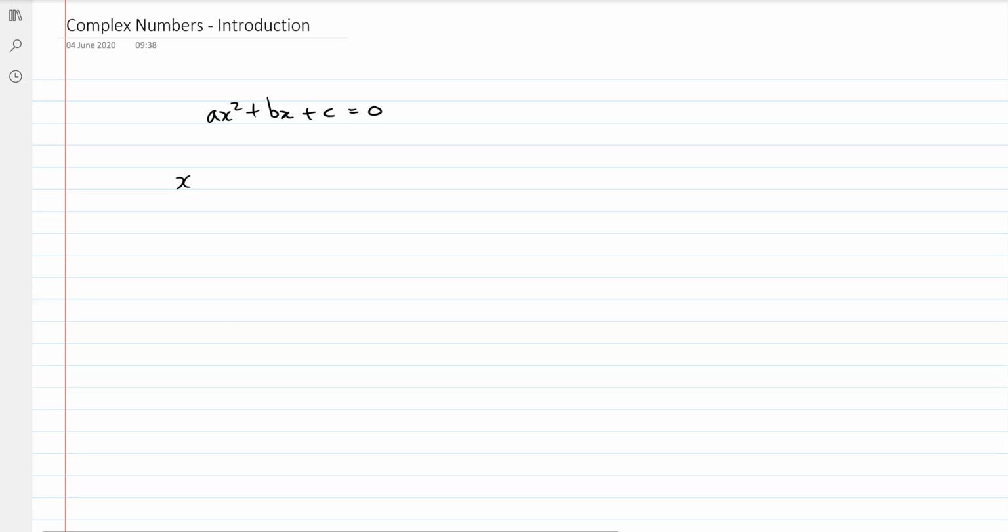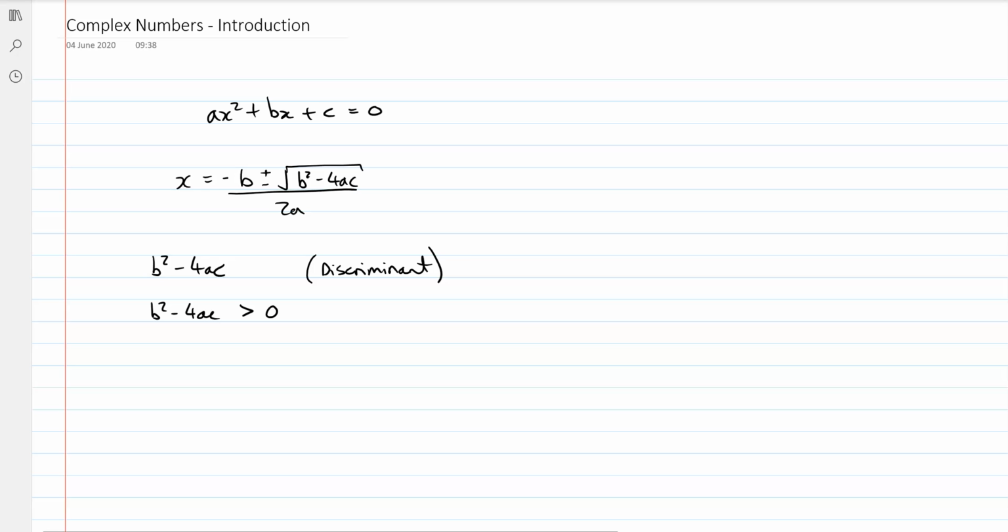And we know we can use the quadratic formula to solve these, and you'll be talking about this in your normal maths course, which is the discriminant, and how much this tells us about the particular quadratic, depending on whether it's positive, equal to 0, or negative. So we should know by now that if this is bigger than 0, then our quadratic has two real distinct solutions.